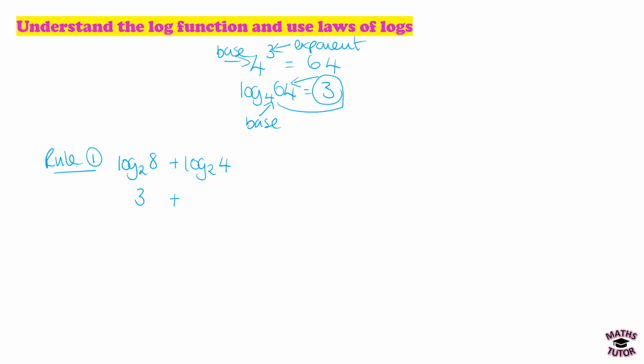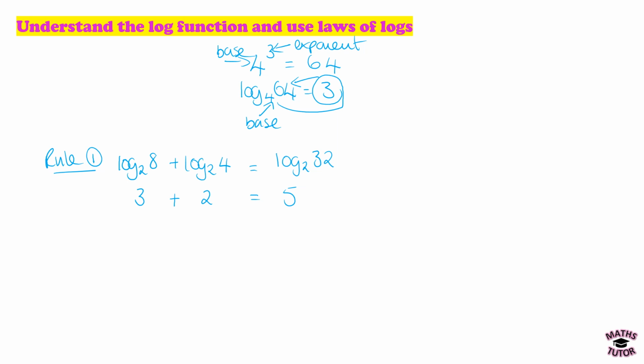And what power do I need to raise 2 to get 4? It is 2. So writing those in terms of logs is just saying what is 3 plus 2, and the answer to that is 5. So in terms of logs, log to base 2 of 32. 2 to the power 5 is 32, so that's just writing 5 in terms of log to base 2.